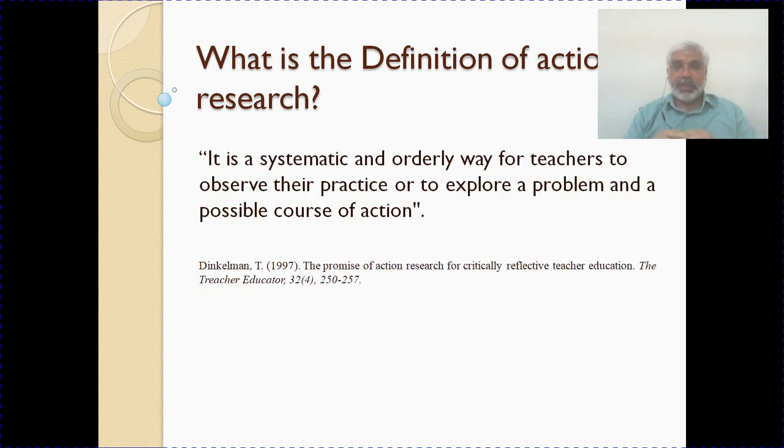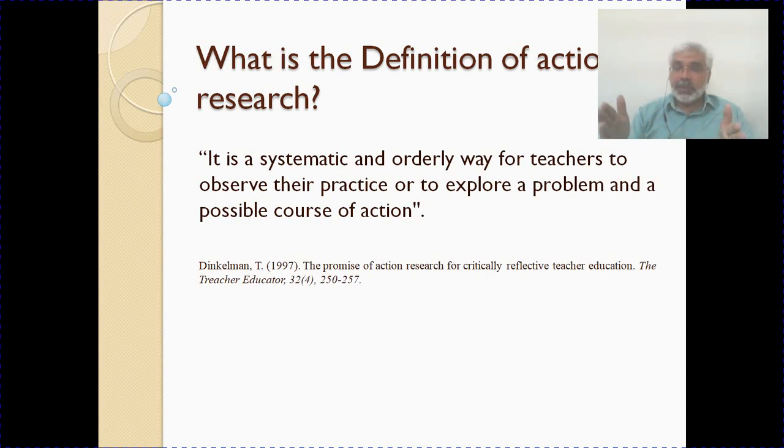Okay, let's go to the second definition. The second definition said that it is a systematic, orderly way for teachers to observe their practice or to explore problems and possible course of action. Again, it is systematic, planned, steps, clear action, a clear plan, and orderly way.